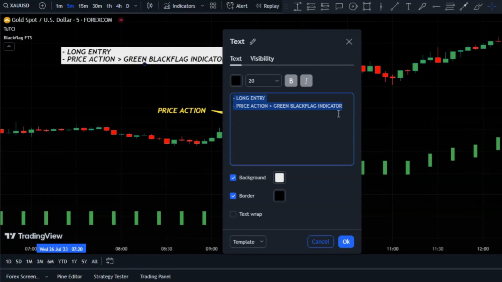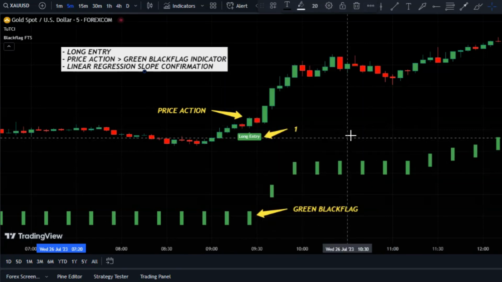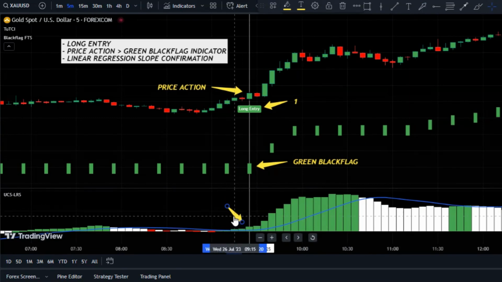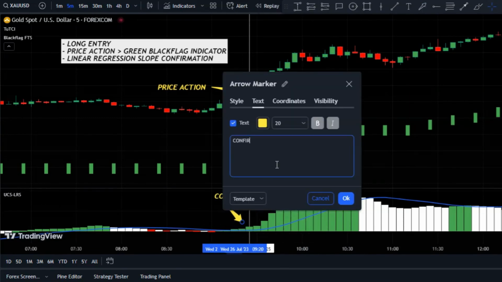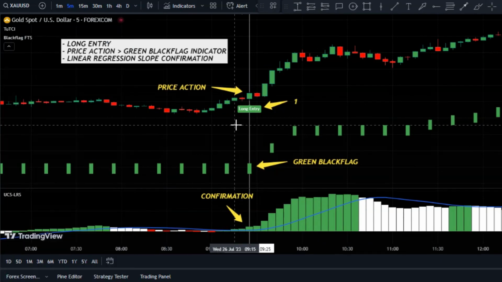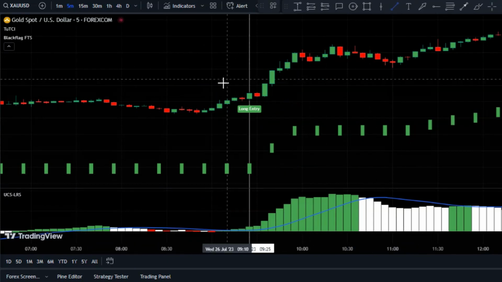Next, the histogram indicator for linear regression slope will need to be green and above moving average. If all those conditions are met, the buy signal will be valid and you can open a long position.